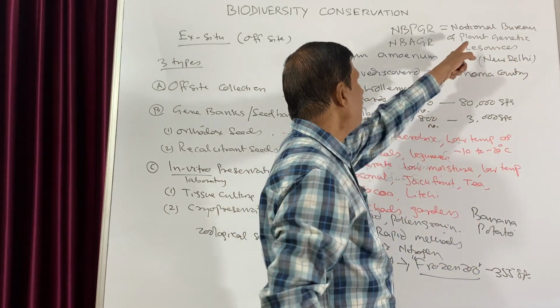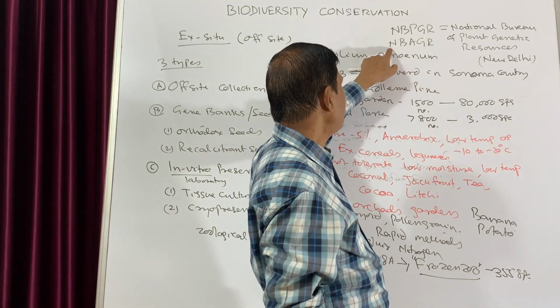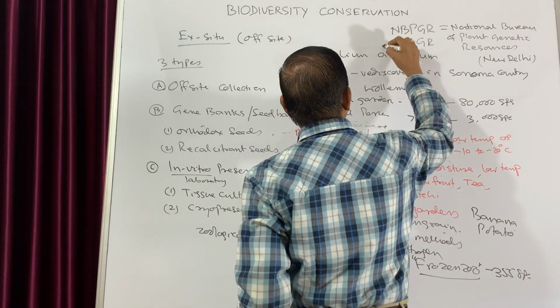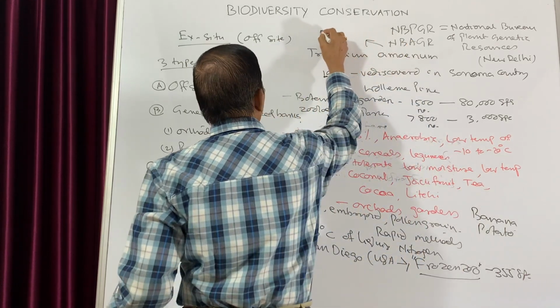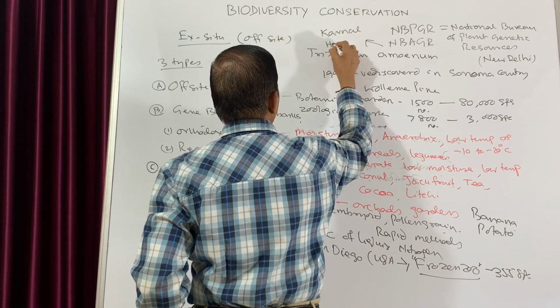And instead of plant, substitute animals: National Bureau of Animal Genetic Resources, and this is located in Karnal, that is in Haryana.